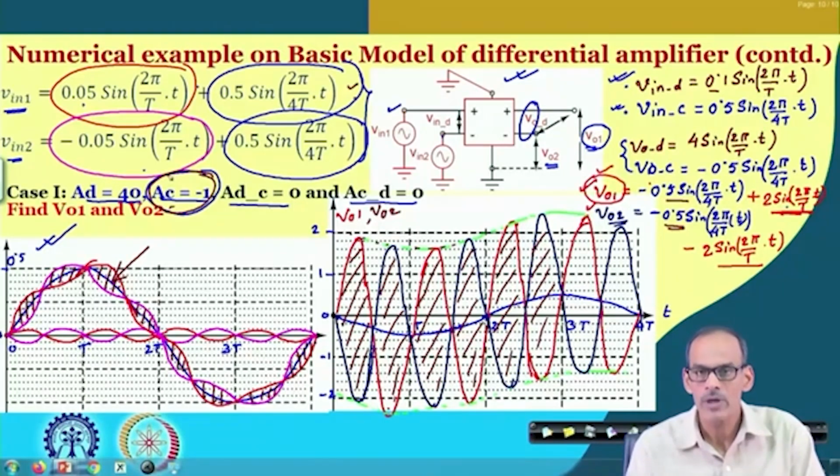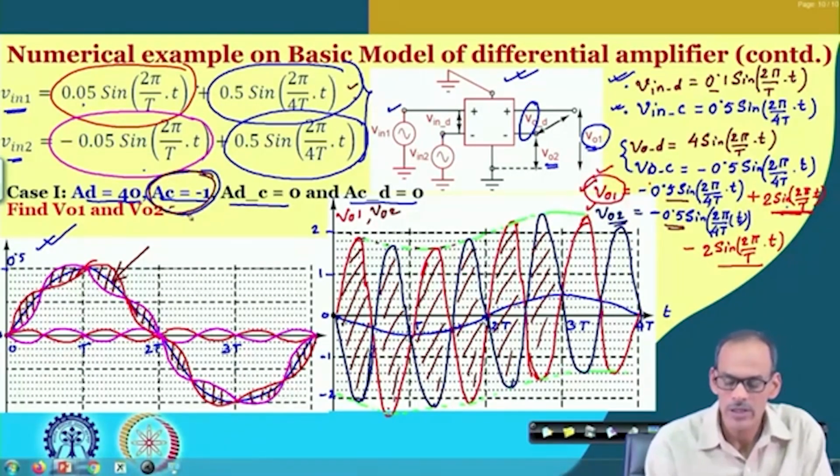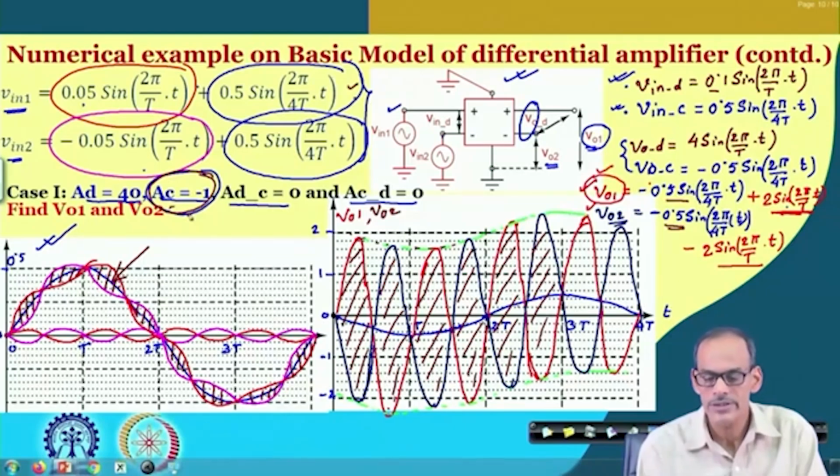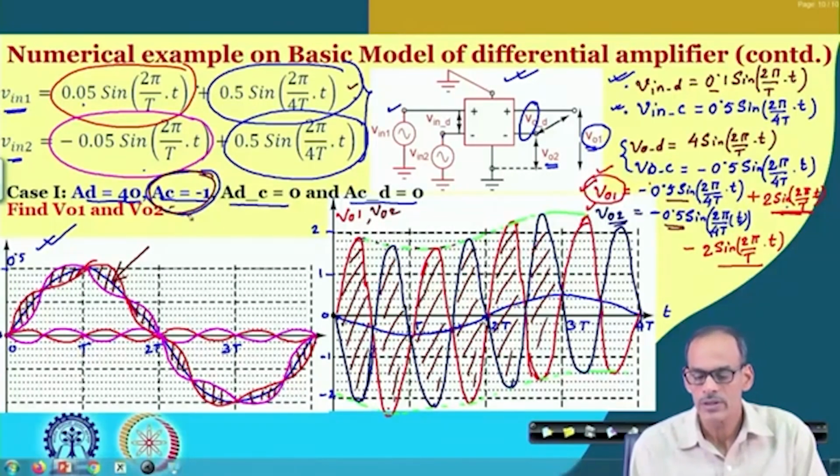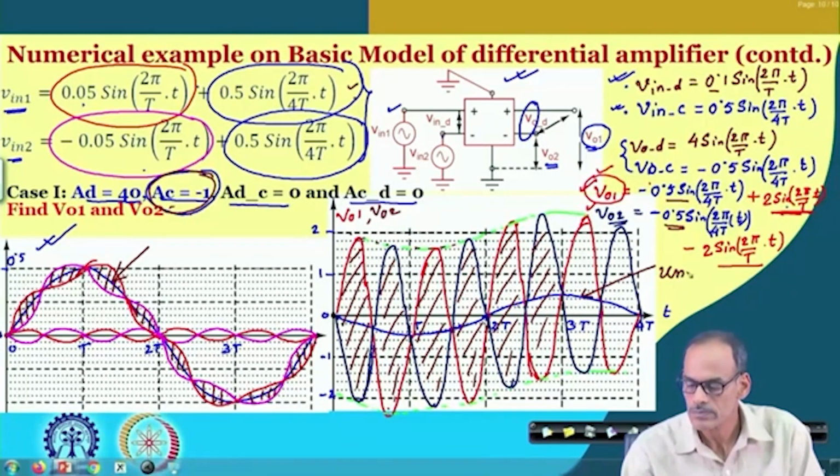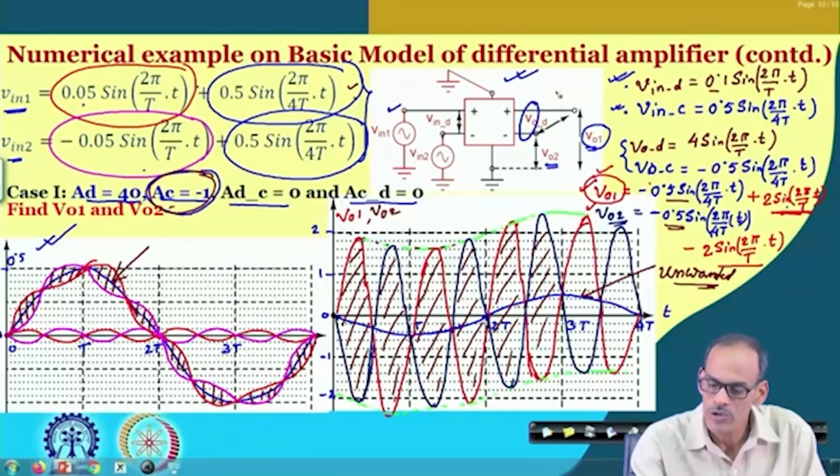So, what may be the remedy? From this graph at least, intuitively you can say that if we have AC smaller, definitely it will be better, but in a practical situation, this may be the case. And if you have to further suppress this unwanted part, probably you can put one more differential amplifier, a second differential amplifier.